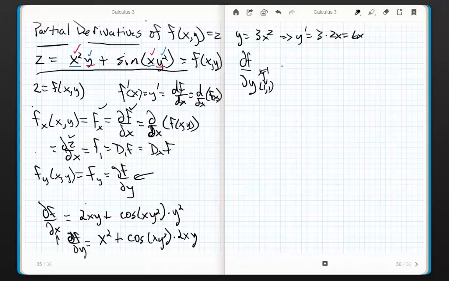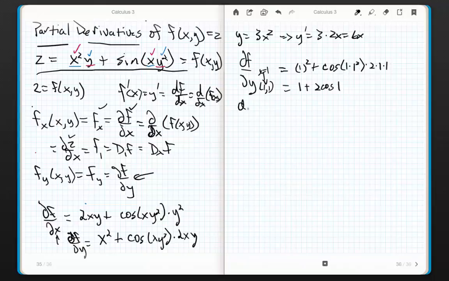All right? That's what we're doing. So that is going to equal, if I go to this guy, 1 squared plus the cosine of 1 times 1 squared times 2 times 1 times 1. So this just turns into 1 plus 2 cosine of 1.